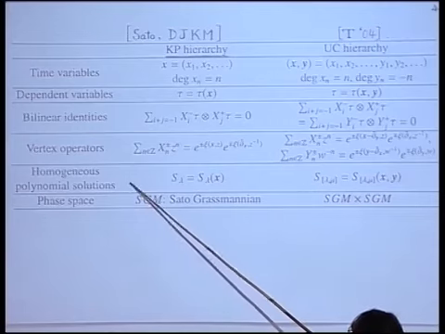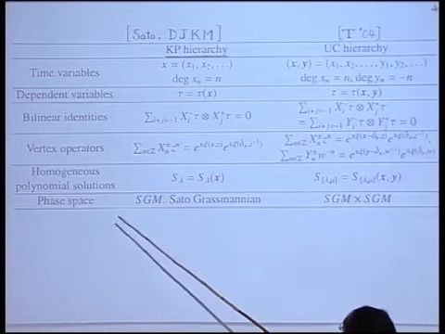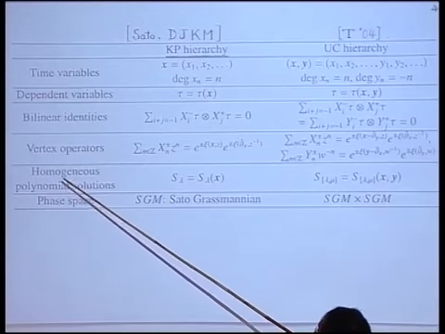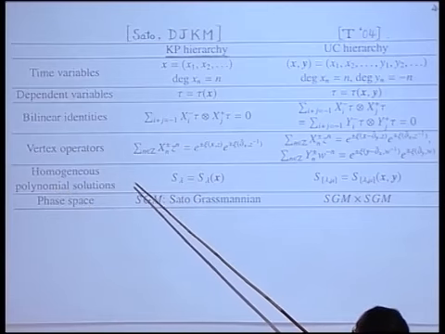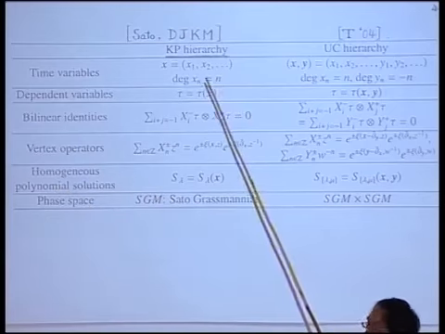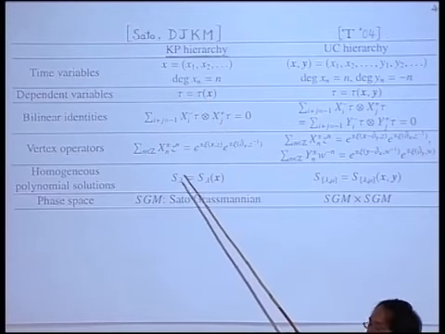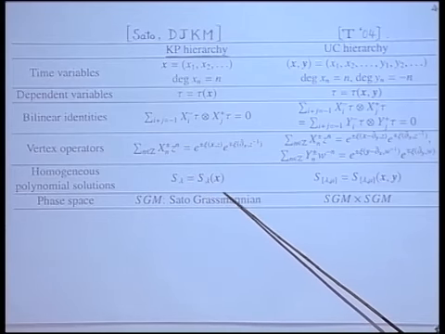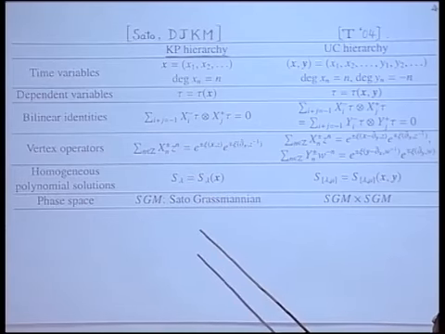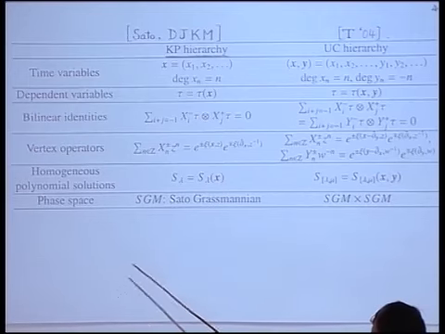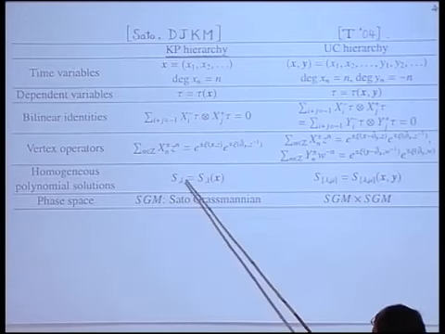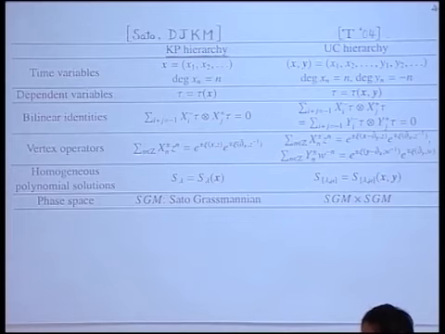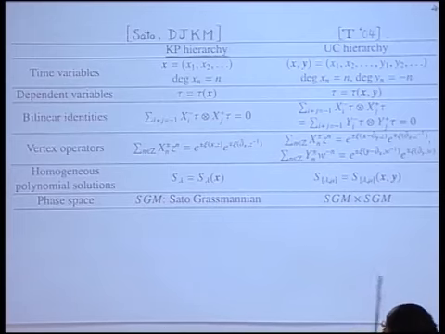And remarkably, the set of homogeneous polynomial solutions of the KP hierarchy is filled with the set of Schur functions. S lambda is the Schur function. So in a certain sense, the KP hierarchy can be considered as an infinite dimensional integrable system characterized by the Schur function.